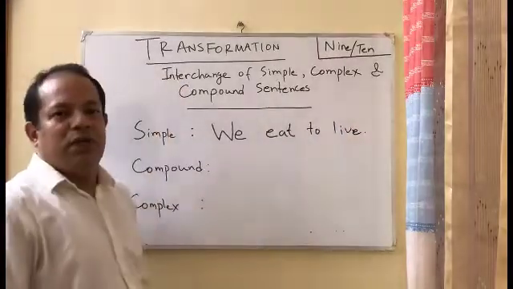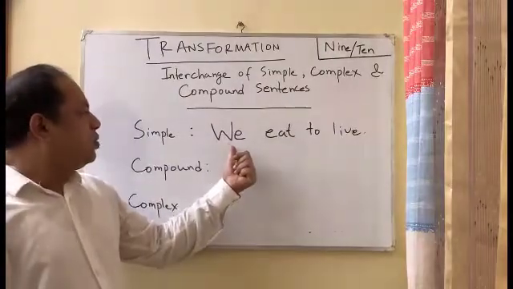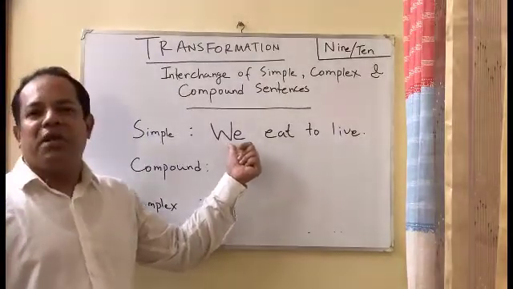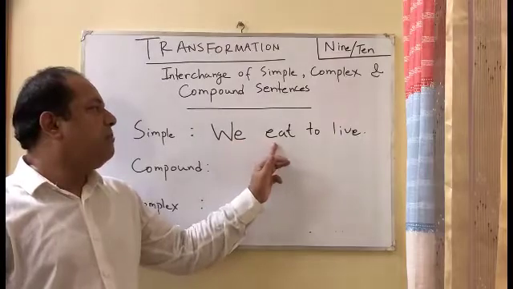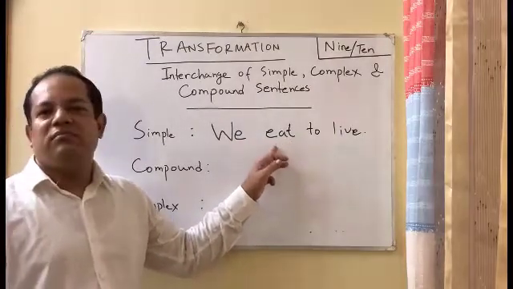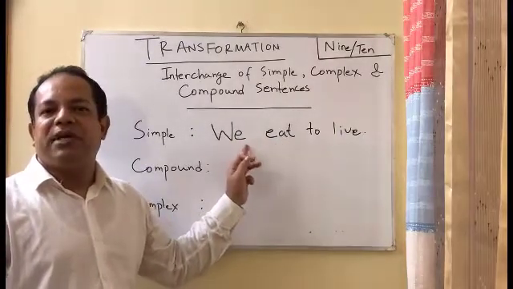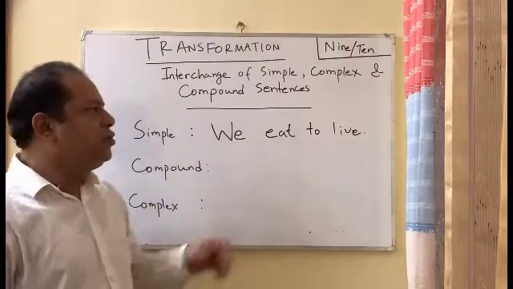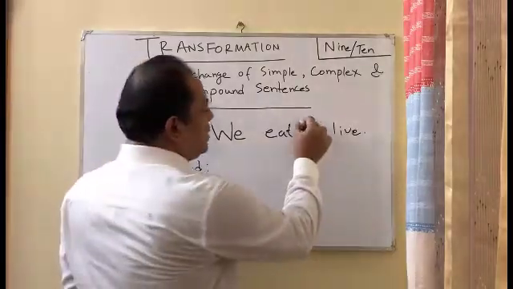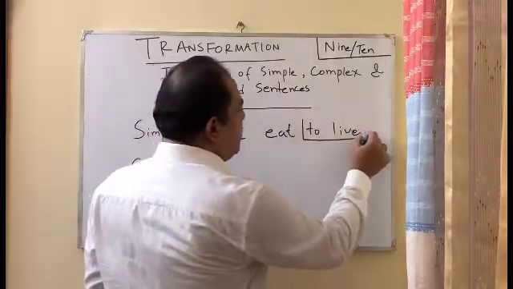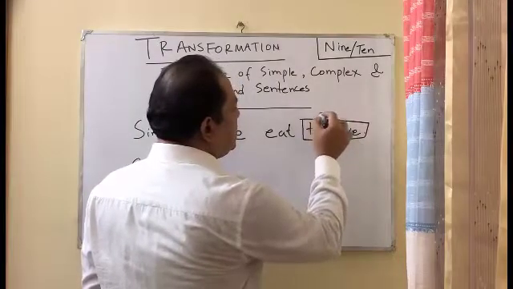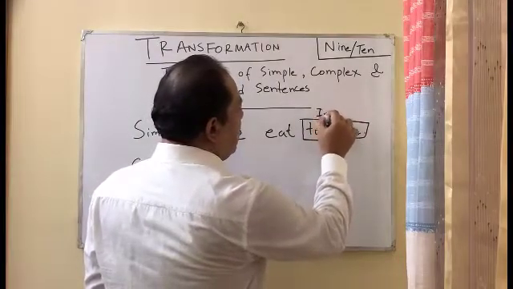We have only one subject here, we, and one finite verb, eat. One subject, one finite verb. And to live is infinitive. Okay?